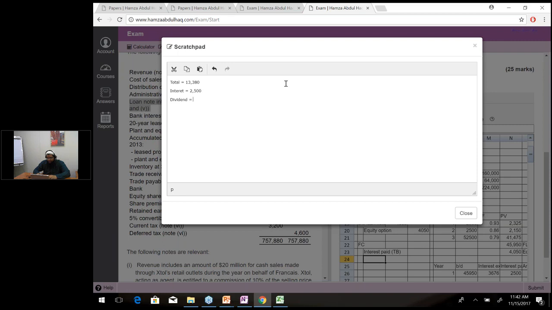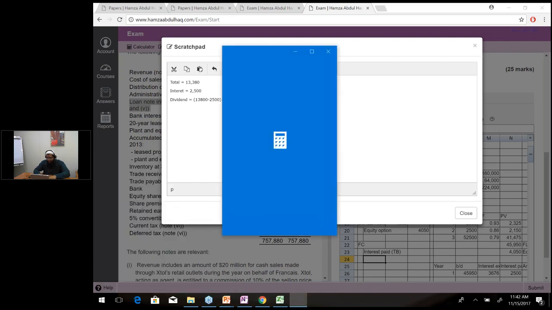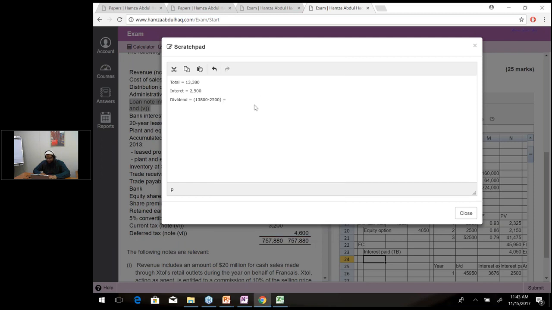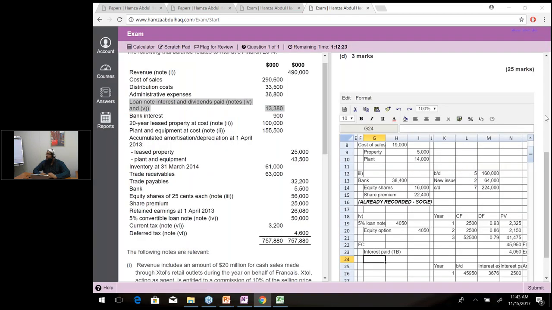So the amount of dividend is going to be the difference. 13,800 minus 2,500 is going to be 11,300. So I've written it down so that I can remember later.